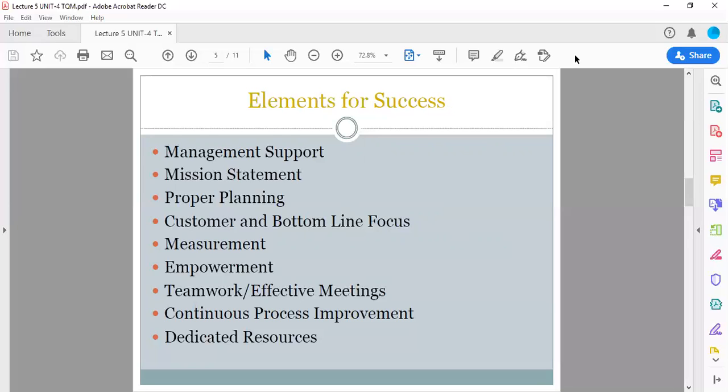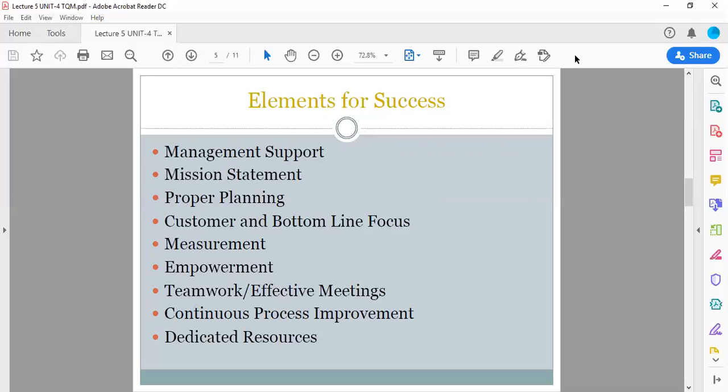Okay, we have to go for effective meetings in which a fruitful atmosphere will be provided, so that suggestions from every member of a team may be inculcated. Okay, next is the continuous process improvement, that we have to go for improvement in our process continuously.